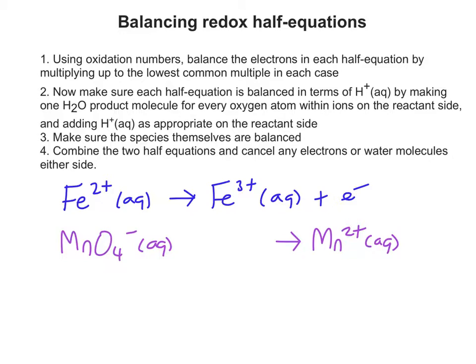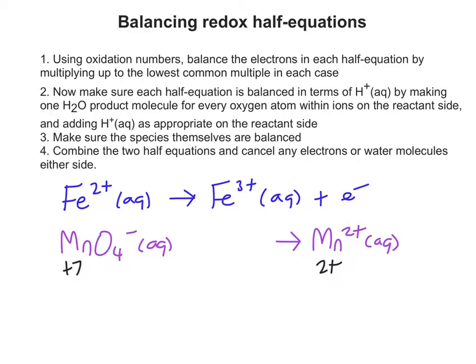First thing to do is to assign oxidation numbers to the manganese on both sides. The right hand side is clearly 2+ because that's the charge of the ion. On the left hand side you've got 4 oxygens, each one is worth -2, which is -8 in total. So for that to become -1 overall, you need +7.